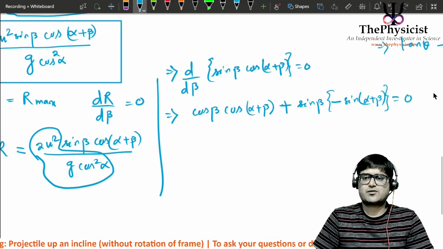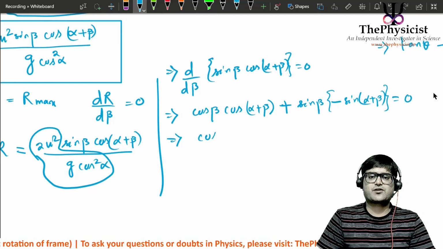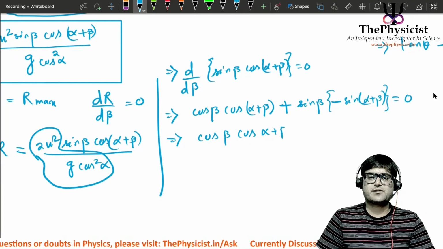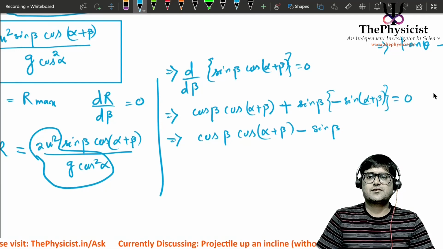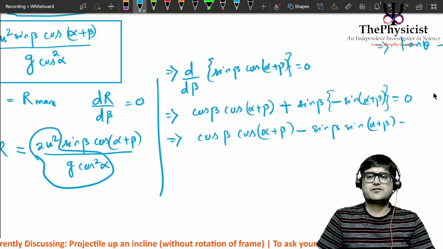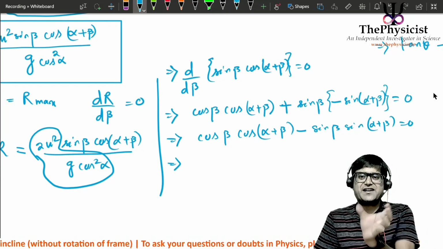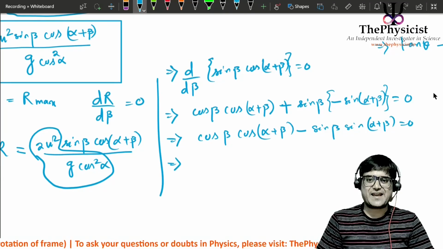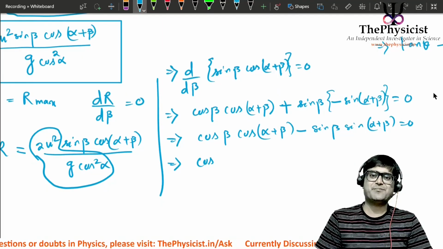That means it's going to be cosine beta into cosine alpha plus beta minus sine beta into sine alpha plus beta equals 0, which is exactly the expanded form of cosine A plus B. Here A is beta and B is alpha plus beta.